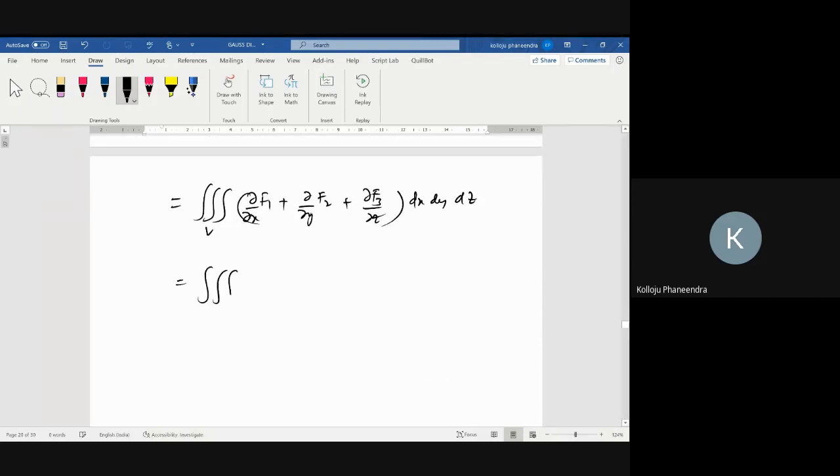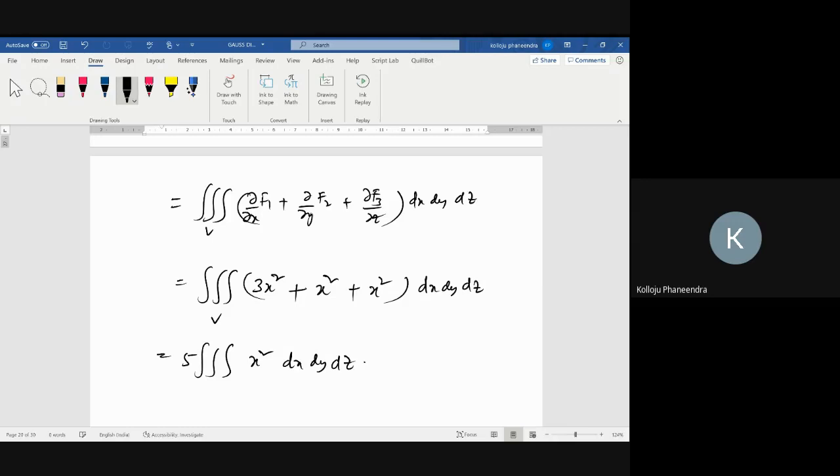This is equal to the triple integral over V of dou by dou x of f1. F1 means the derivative is 3x square, dou by dou y gives x square, dou by dou z gives x square, dx dy dz. That is equal to the triple integral of (3 plus 1 plus 1) 5 x square dx dy dz over V. And what is volume V?